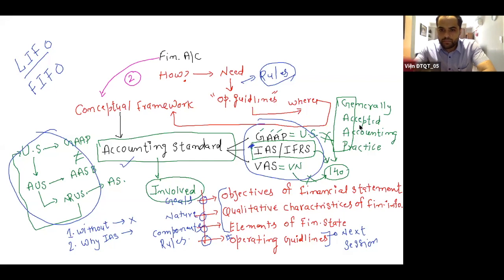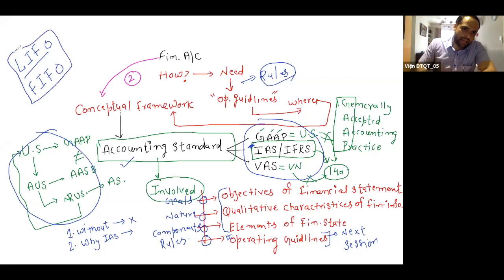Never, okay. These LIFO and FIFO methods help us to know what should be the value of inventory, or the value of raw material, in simple words, right?